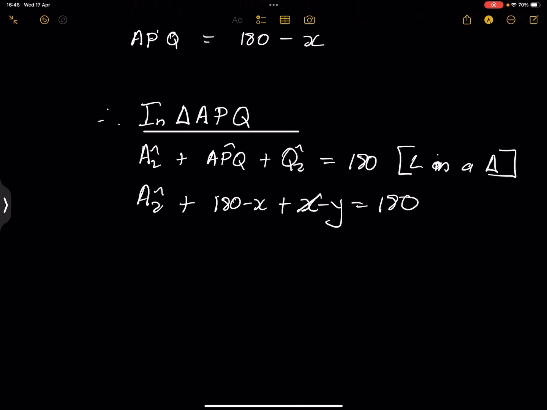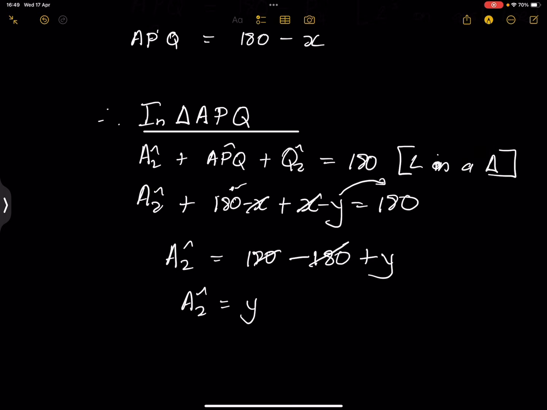And so what happened? We cancelled these two. So A2 is equal to 180. If we take this 180 to the other side, it becomes negative, right? If we take y to the other side, it becomes positive. So that means that A2 is also equal to y.